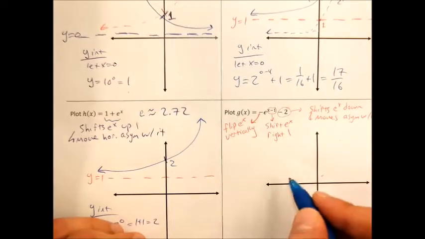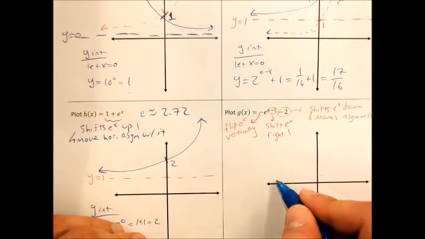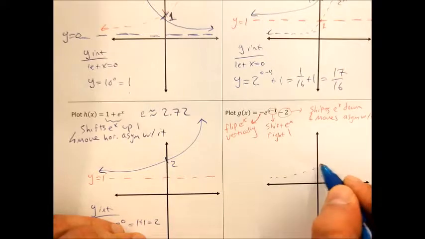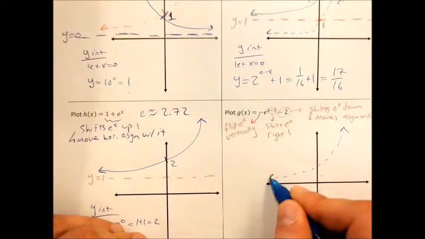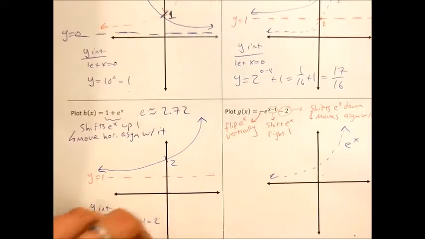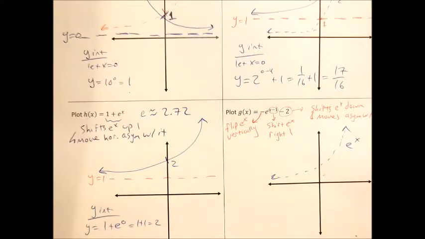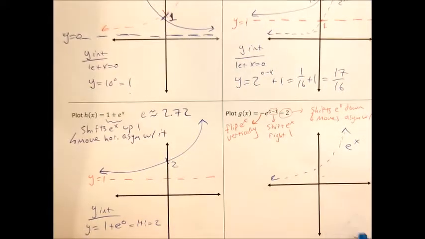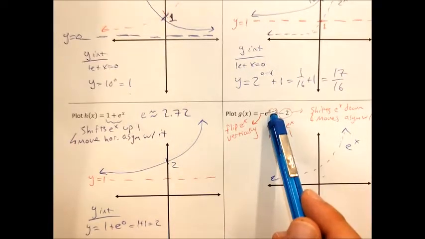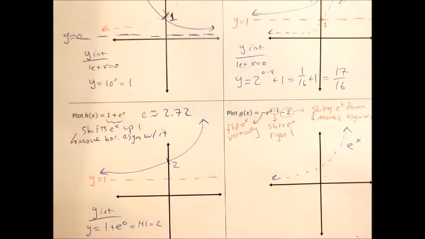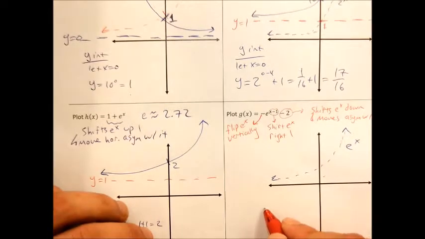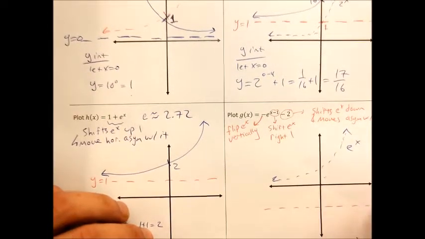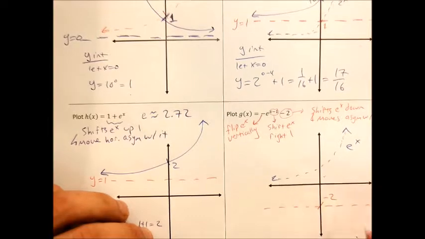So we're starting out with e to the x. I'm just going to draw the base function on this one. That's what normal e to the x looks like. And so we're flipping it upside down, so it's going to be going downwards, right? It's going to be going like a downwards shaping thing. We're moving it to the right 1 and down 2. So I'll draw in the asymptote right away. I know there's this asymptote here at -2.